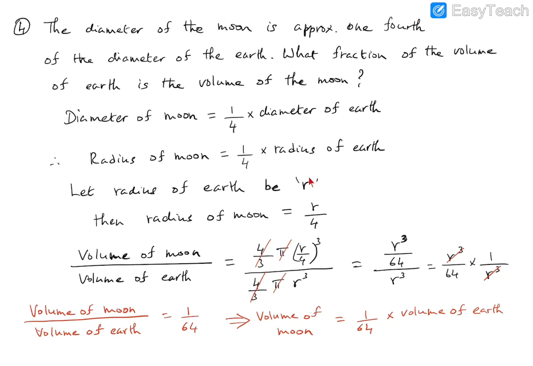So whatever we choose as the radius of the earth, the radius of the moon will be the radius of the earth divided by 4. From there we can just use those parameters as they are in the formulae for the volume, and then when we take the ratios, the common terms will cancel out and we will have a relationship between the volume of the two objects.